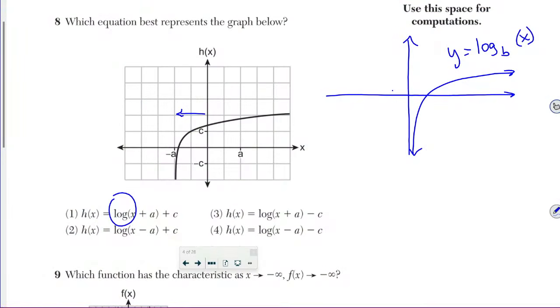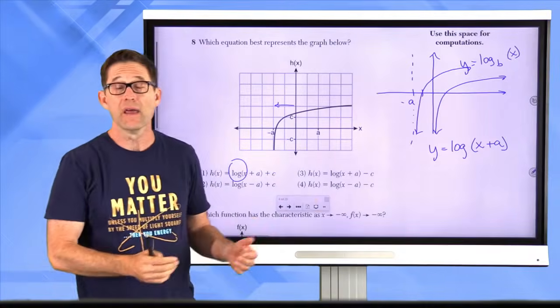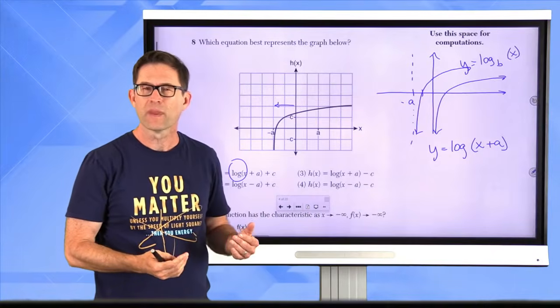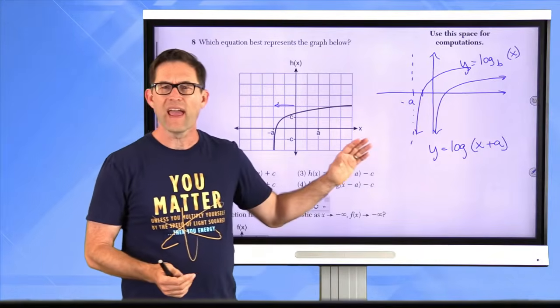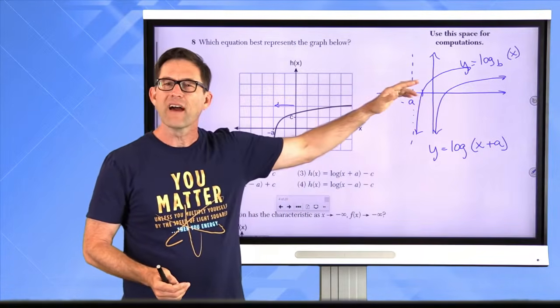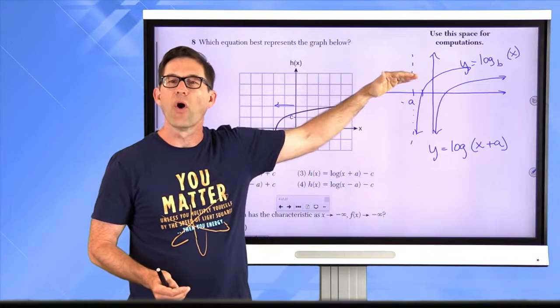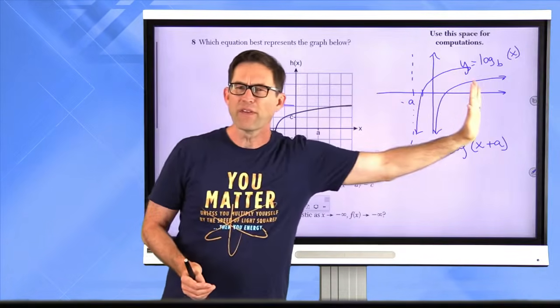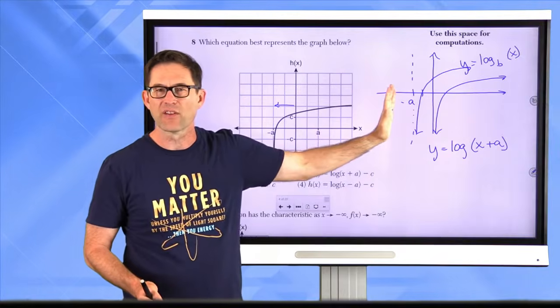So one thing is of no question in my mind whatsoever, which is that this has got to be, at the bare minimum, y equals log base 10 of x plus a, because it's been shifted a units to the left. Now notice, without shifting it anything up or down, it kind of almost appears that the graph has gone up, just by the sheer fact that we've shifted it to the left.